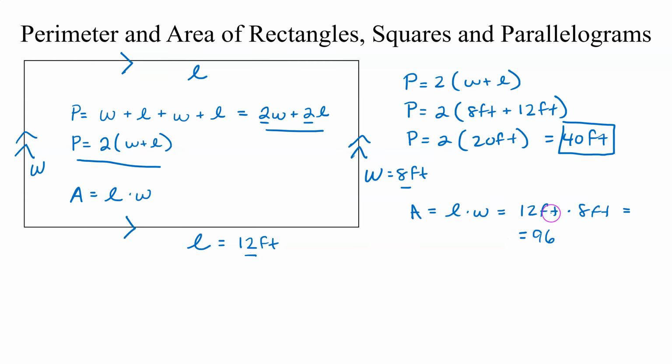And then for the units, we're doing feet times feet, so that's feet squared. So for our rectangle, the perimeter, the distance around the sides of our shape, is 40 feet, and the area, how much space it covers, is 96 square feet.